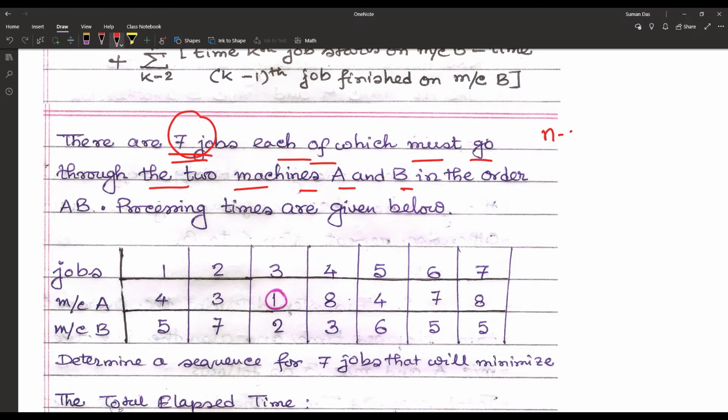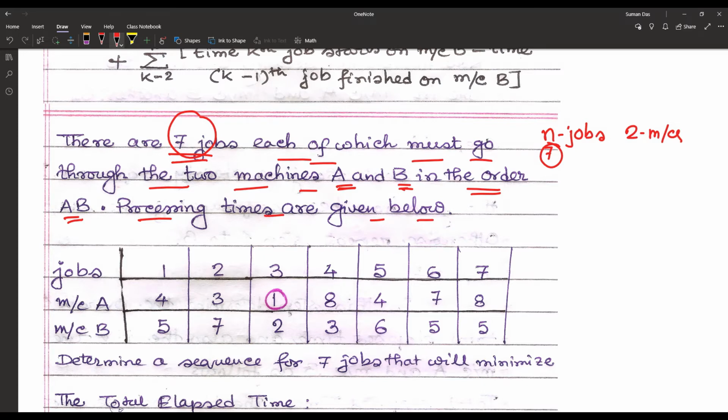So we have n jobs and 2 machines, the 2 machines are A and B, and n here denotes 7, and obviously that must be finite. And the order has been given, that is AB. The processing times are given below.